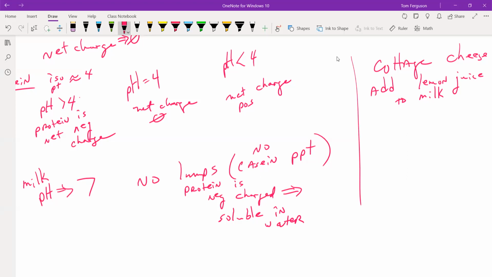Usually whole milk. Okay, what happens when we add lemon juice to the pH? It decreases. Exactly. So the pH goes down. And guess what? When it reaches pH 4, that's the isoelectric point for casein.